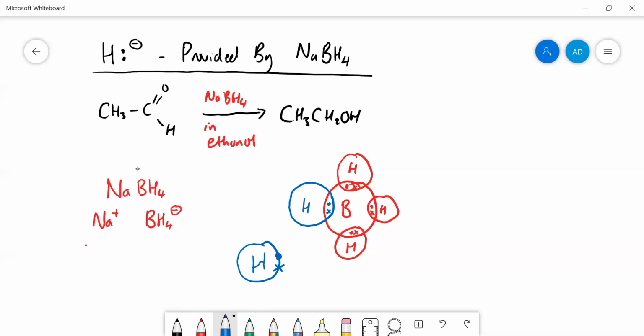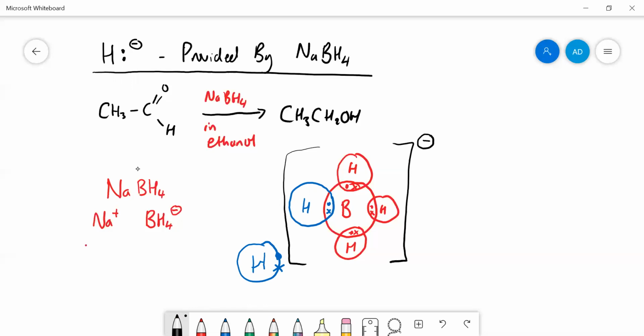So I said before that the H- ion would have a very high charge density. This thing, the BH4- ion, well, the negative charge is spread over a much bigger area, the boron atom and 3 other hydrogens, so that makes it more stable. So the hydride ion is provided as NaBH4.